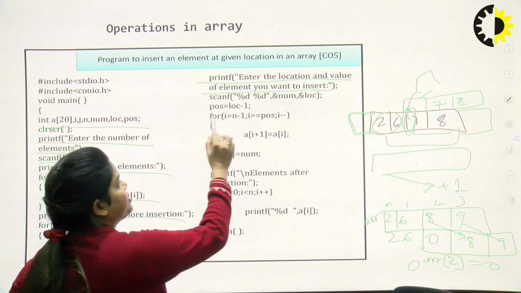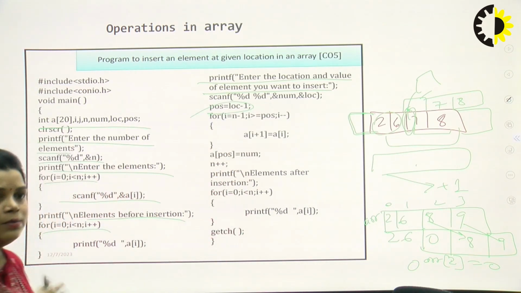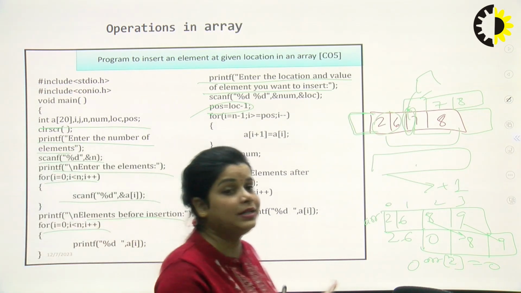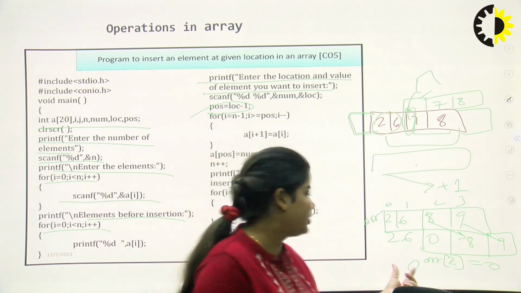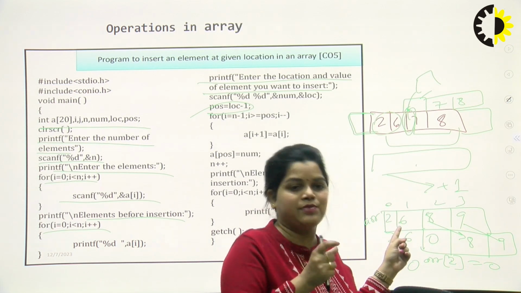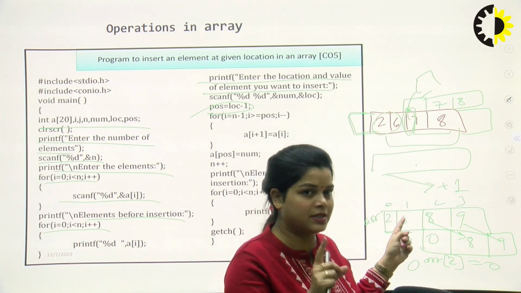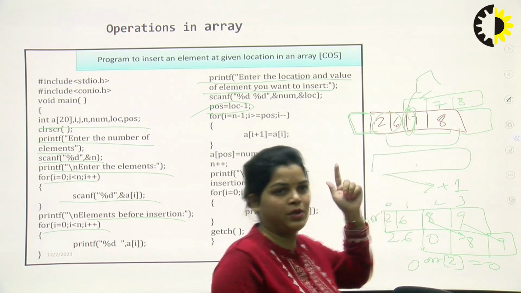Now location will be position. What will be the position? Position will be location minus 1, because you know that the array starts from the 0th position, the index is 0, that's why the location will be minus 1. Okay, remember this.